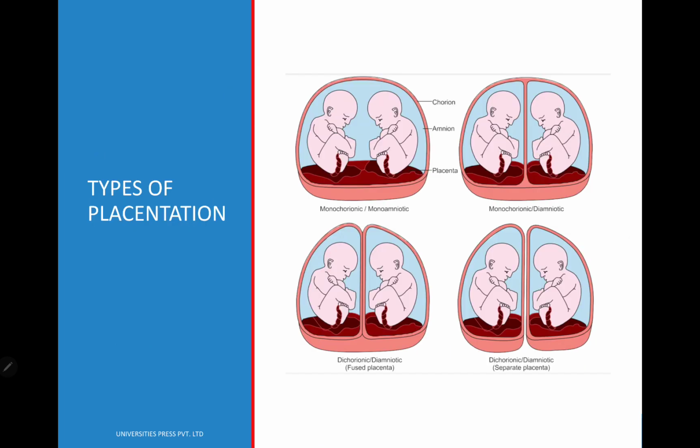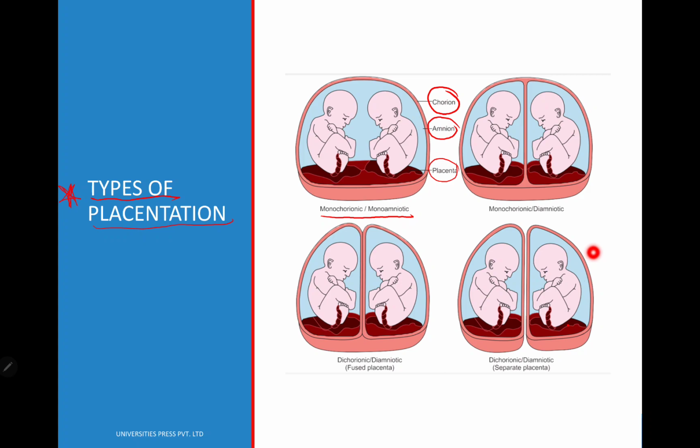Now let's look at a very important topic, that is the types of placentation. If you look at types of placentation in a twin pregnancy, it may either be monochorionic or monoamniotic. That is, there is only one chorion on the outer side, and inner there is one amnion and there is one placenta.